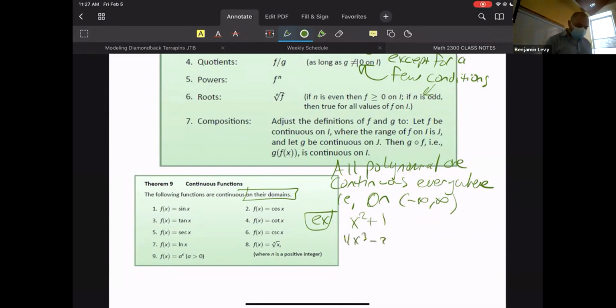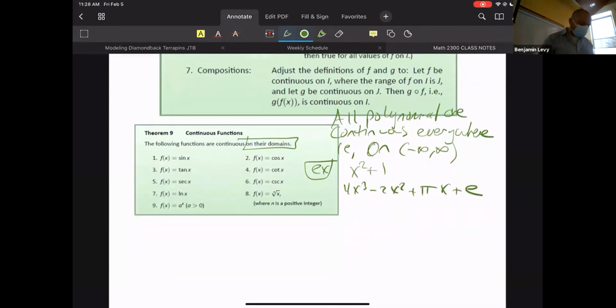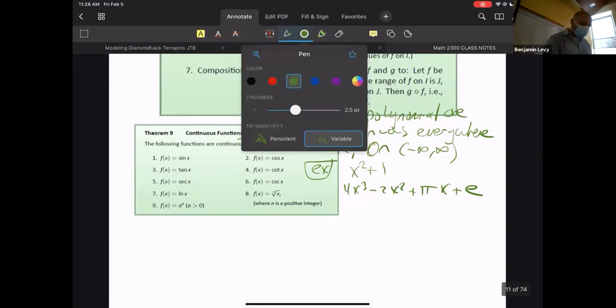A longer one might be something like this. It's a cubic, it's got a cube in it, but it's still just a polynomial. Remember, polynomial means whole powered, non-negative exponents. Okay. Let's call this one F. Let me use a different color so it stands out a little bit.